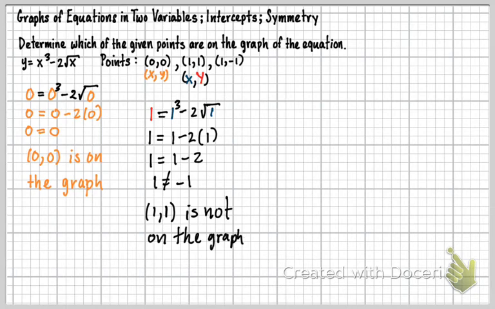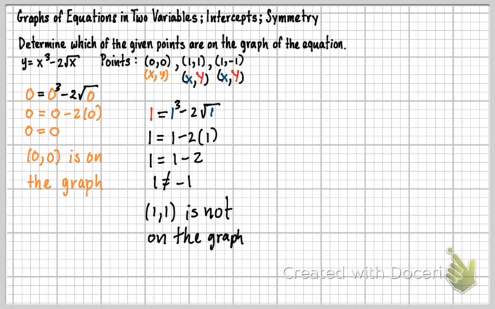Okay, next one. 1, negative 1. I'll pick the same two colors for x and y there as well. Makes it easy. All right, so I'm starting with a y, so I'm going to use my red. So there's 1 equals, and then I have negative, oh, I did it backwards.